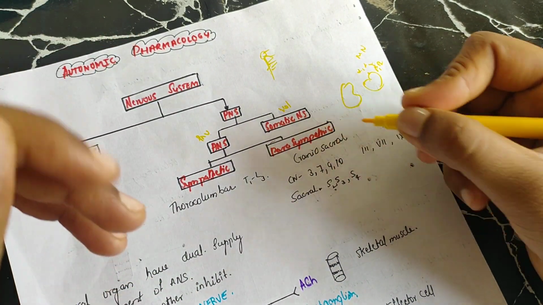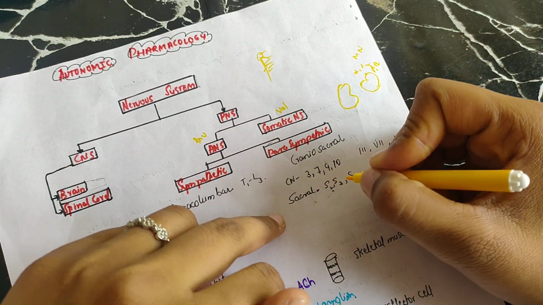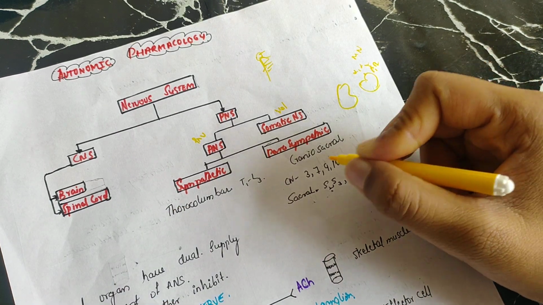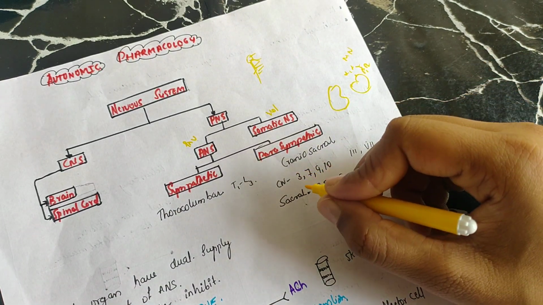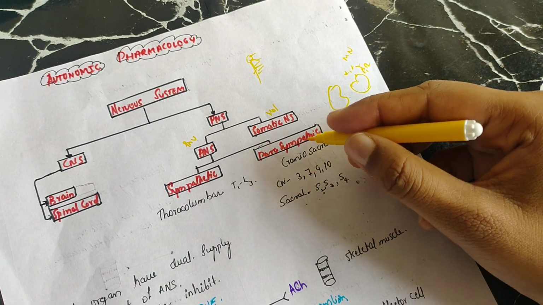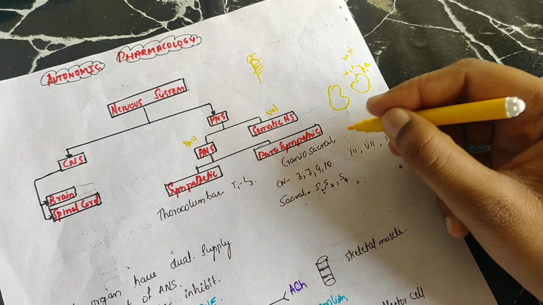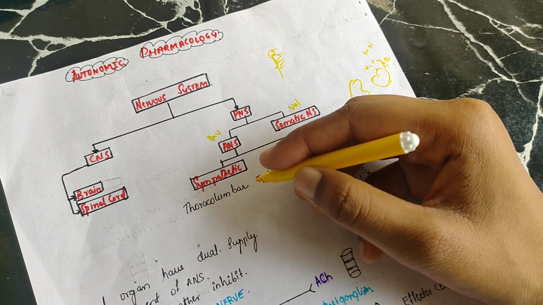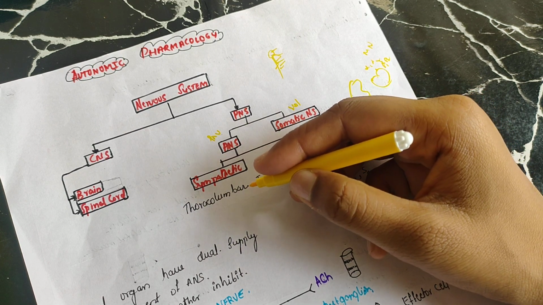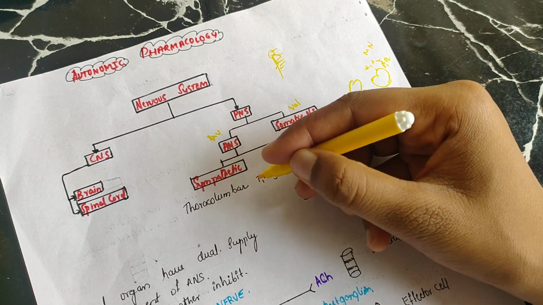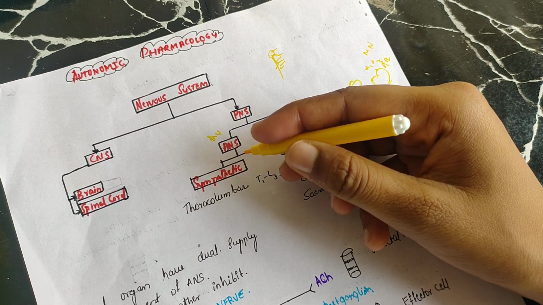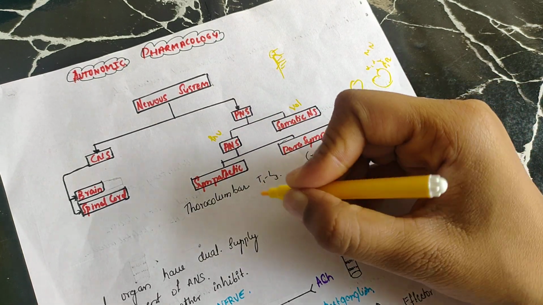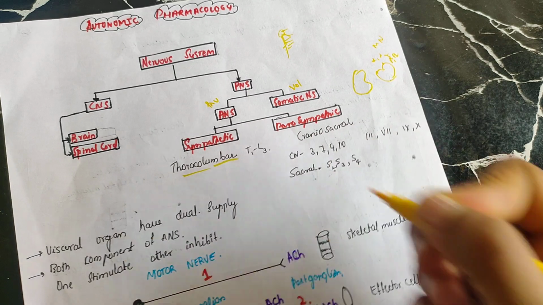These are included in the parasympathetic nervous system. And from the sacrum, S2, S3 and S4. So from the cranium and from the sacrum, nerves come out, so we call it craniosacral outflow. In the sympathetic nervous system, we have thoracolumbar outflow. The nerves coming from the thorax and the lumbar region are included in the sympathetic nervous system. So this is also known as thoracolumbar outflow.